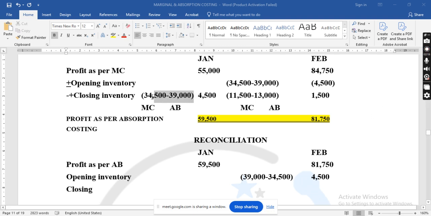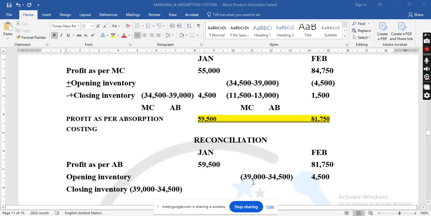So you go to your closing inventory. Let's copy this. You have to make absorption costing the first one, which is 39,000, and make marginal costing last, which is 34,500.